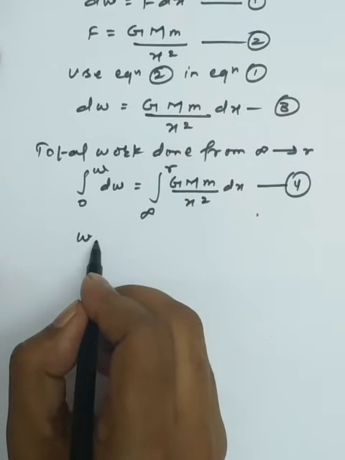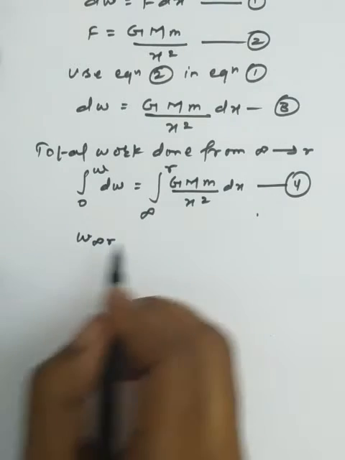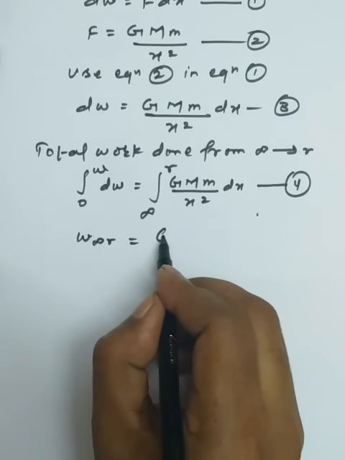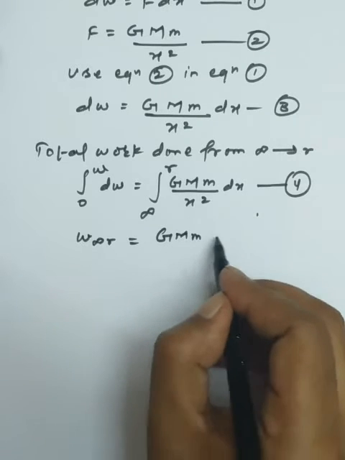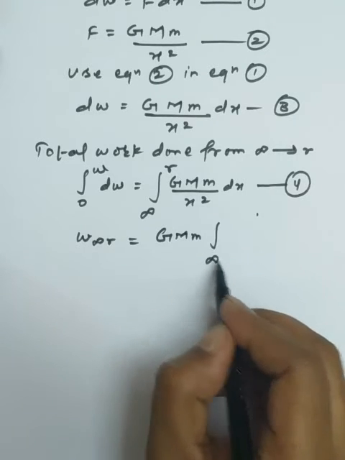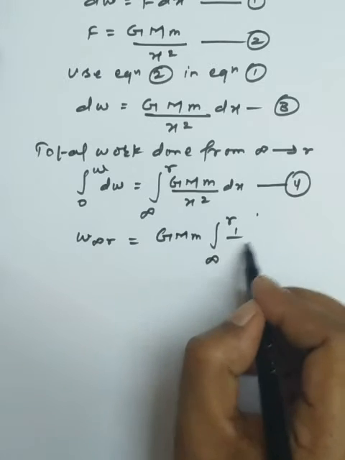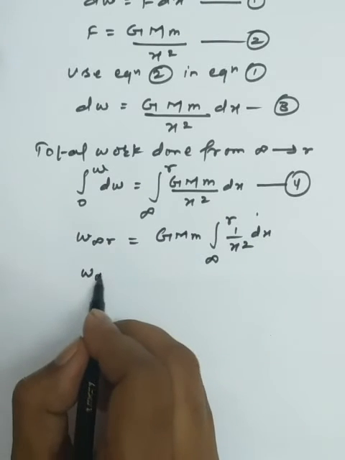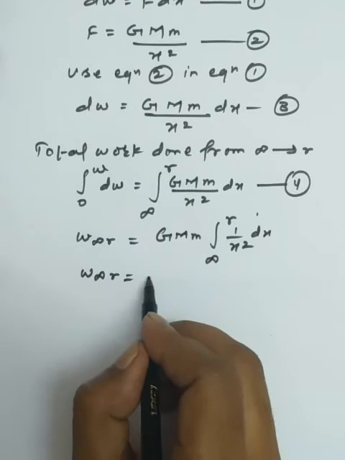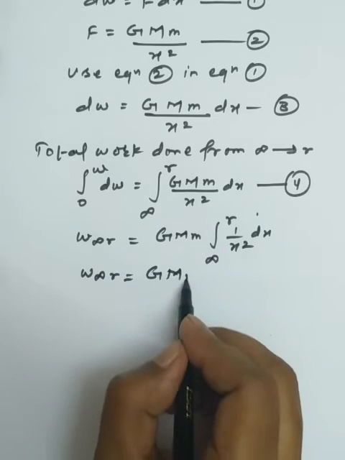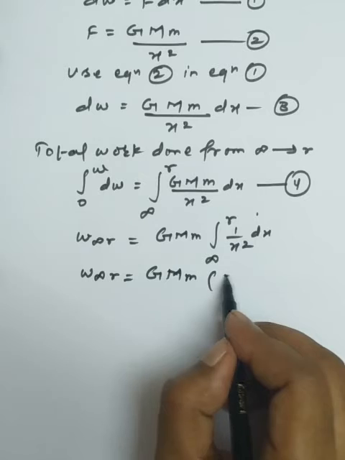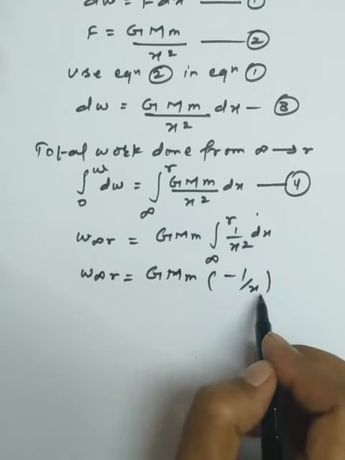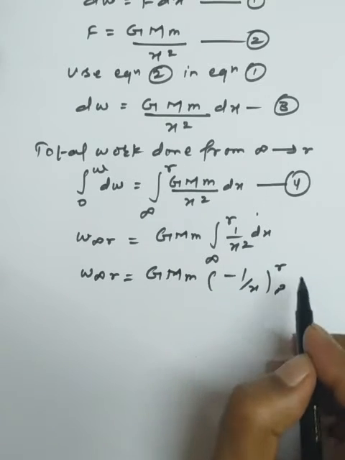Work done from infinity to r is G M m, and these terms can be kept outside the integral, leaving 1 upon x square dx. So the work done is G M m times the integral of this part, that is minus 1 upon x from infinity to r.